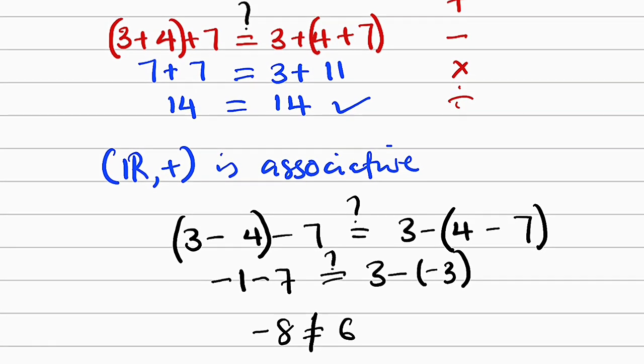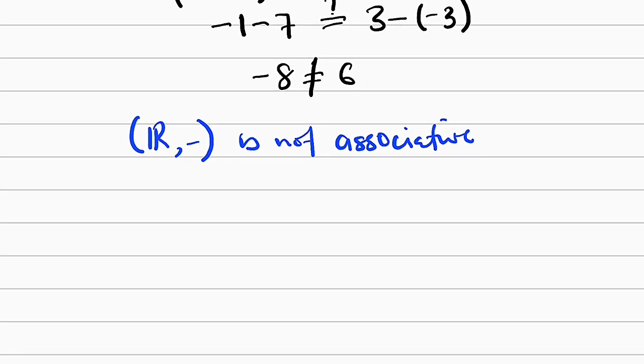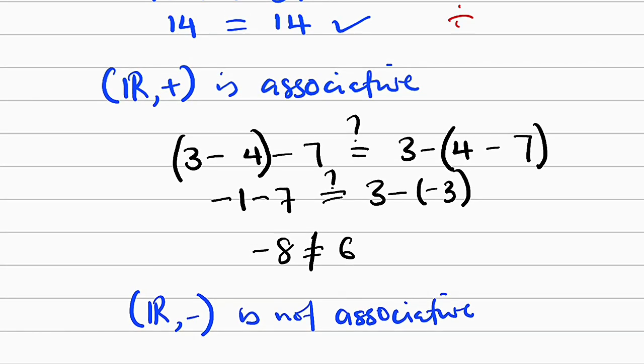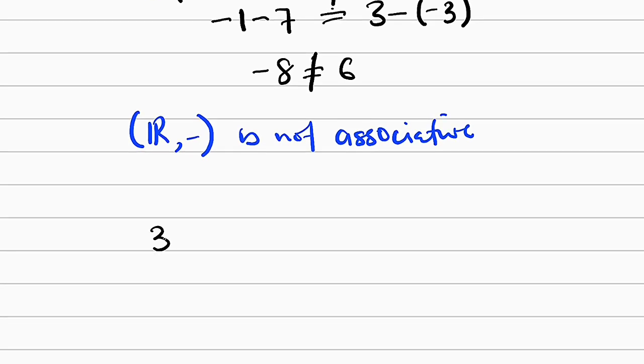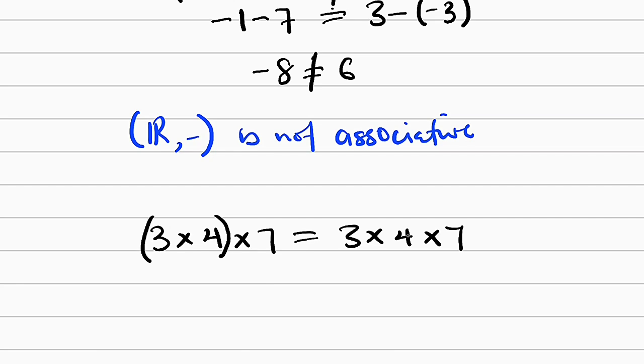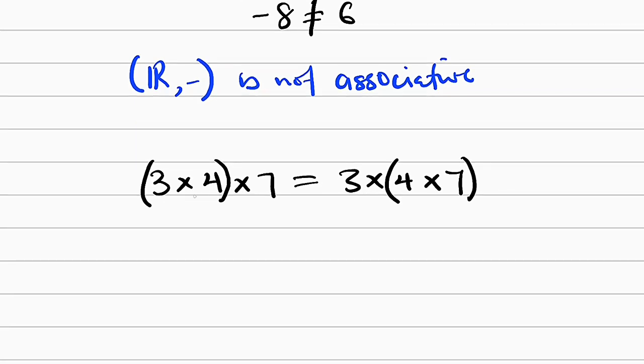Now let us move on to multiplication. Now under multiplication, we're going to still use the same numbers 3, 4, and 7. Group the first two, group the last two. Now let us confirm whether this is true. 3 times 4 here will give us 12, right? And we have 12 times 7 here. And here we have 3 multiplied by what? 28, right?